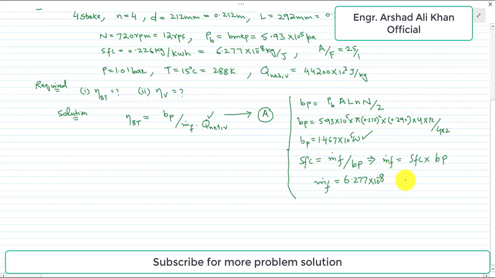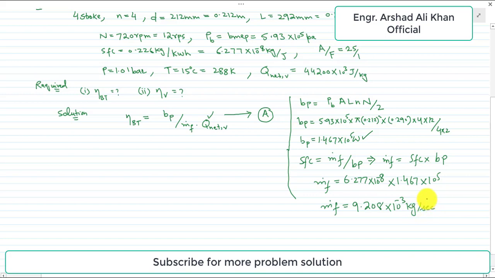Also, the value of brake power is 1.467 into 10 raised to power 5 watt. So the value of mass flow rate is equal to 9.208 into 10 raised to power minus 3 kilogram per second.